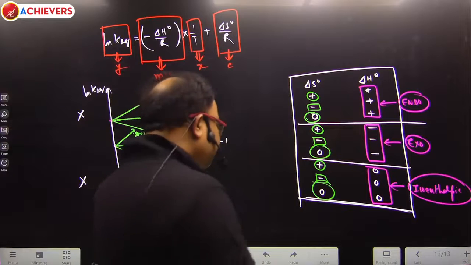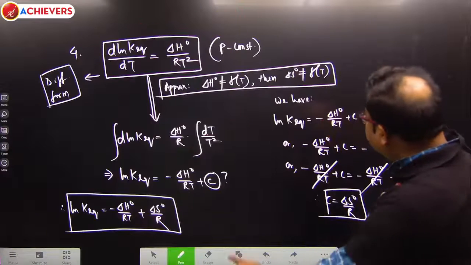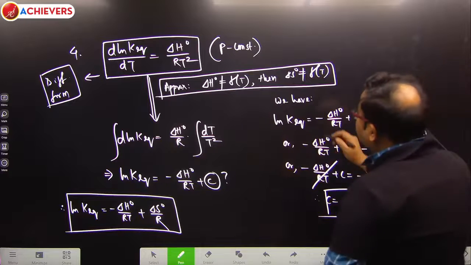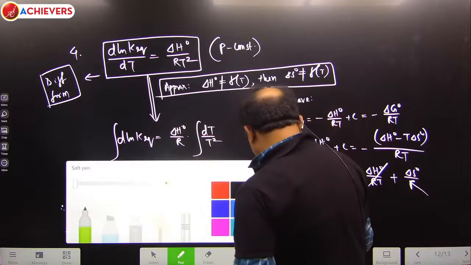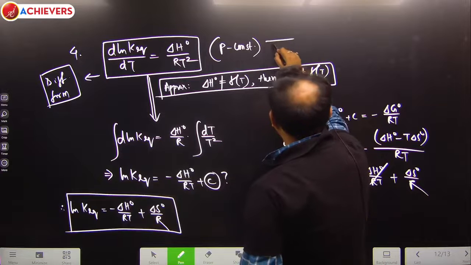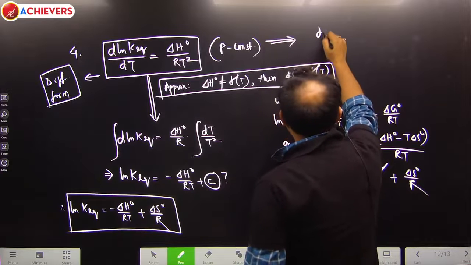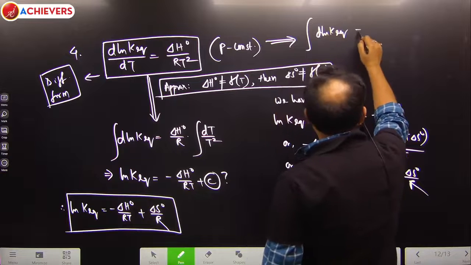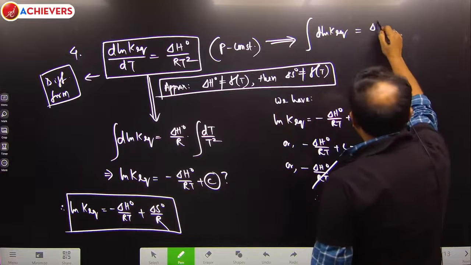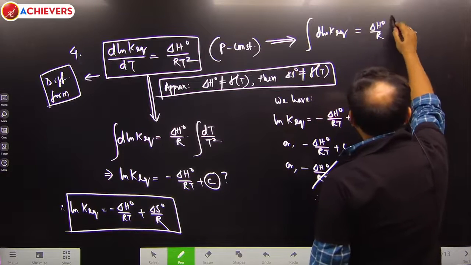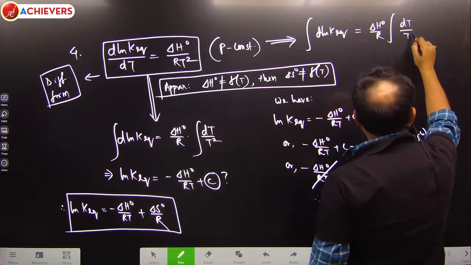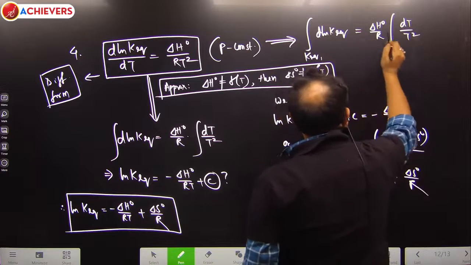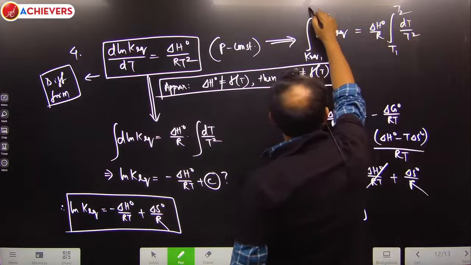Now, if you had integrated this with limits, then what would have happened? d ln KQ equal to delta H0 by R dT by T square.